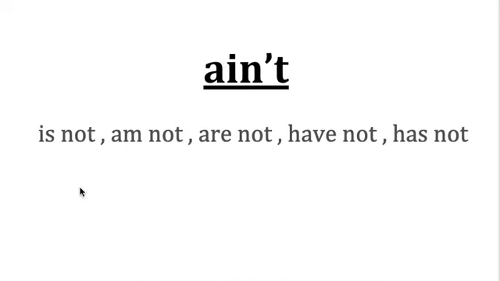Okay, so ain't is a short form of these words: is not, am not, are not, have not, has not. So do you see the various forms of ain't? Isn't, aren't, amn't or am not, haven't, hasn't. We'll understand the use of all these in different examples.